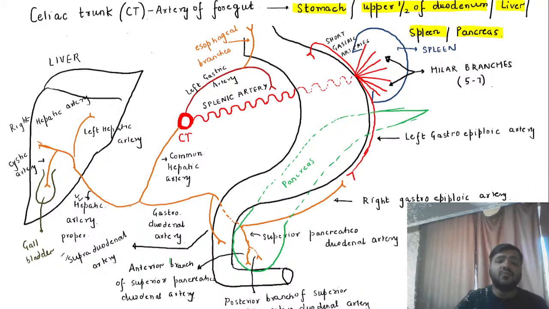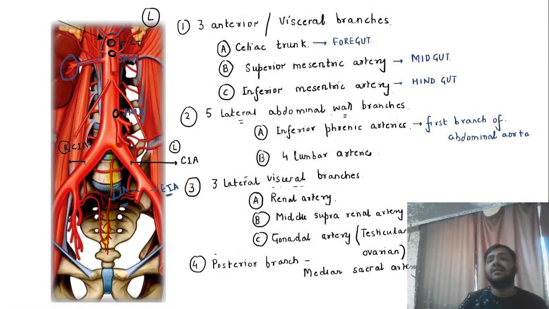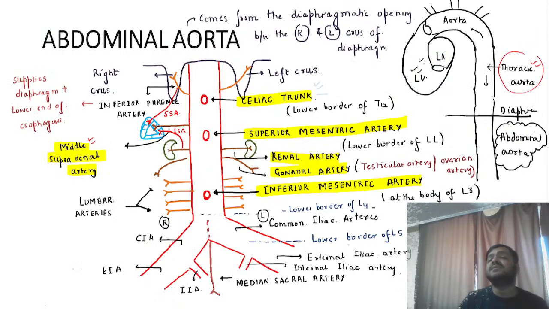It is a continuation of the arch of the aorta, and it is just going to the left ventricle. Every time try to reach the left ventricle whenever we are discussing any artery, because many times in exams we will be focusing on one particular point, that this particular artery is a branch of which, and most of the students don't know this. That's the reason, guys, I always ask my students to learn the arteries in a retrograde manner. So every time reach the left ventricle.